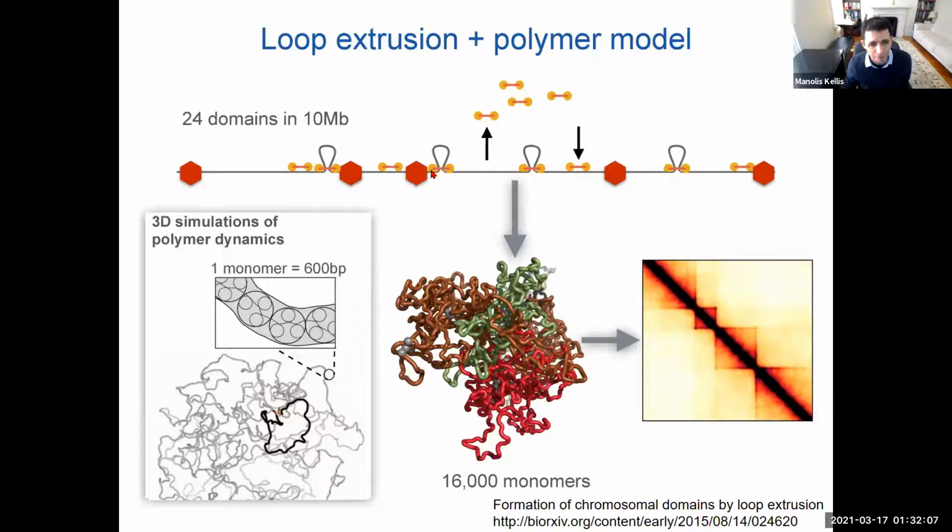So there's a CTCF binding site here, another CTCF binding site here, very often pointing towards each other. And when the two CTCF proteins bind there, they partner up with cohesin, which then pushes a loop of DNA through that loop that they create, and thereby creates these topologically associated domains.